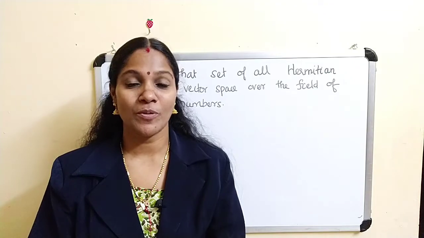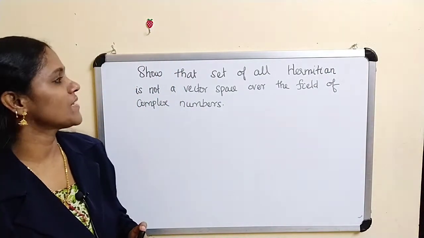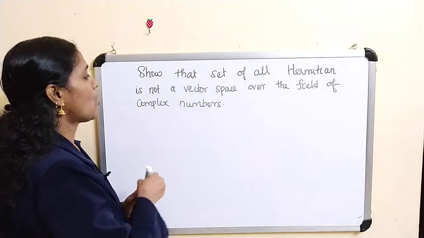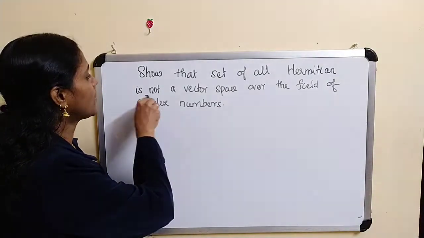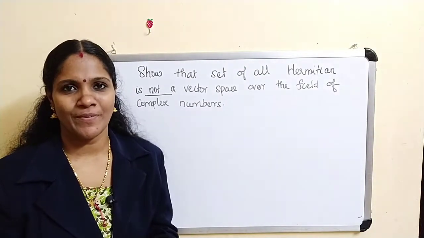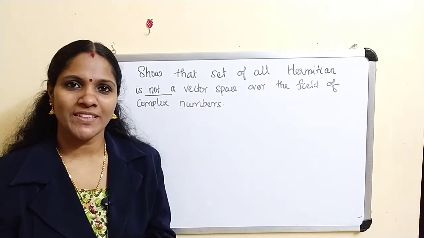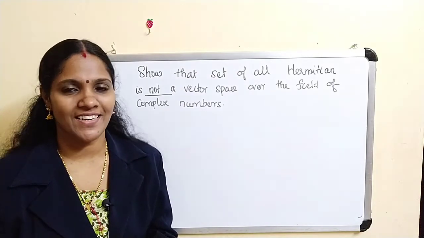Now we are going to prove another result. Show that the set of all Hermitian matrices is not a vector space over the field of complex numbers. Now what do you mean by a Hermitian matrix? Skew symmetric means Aij equals minus Aji.